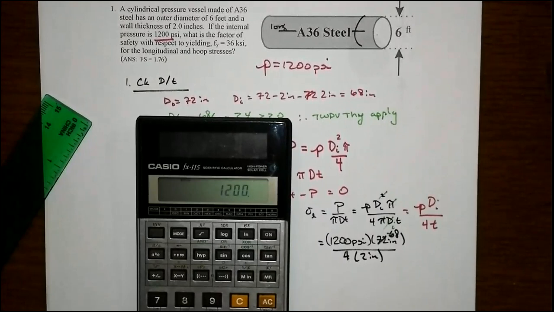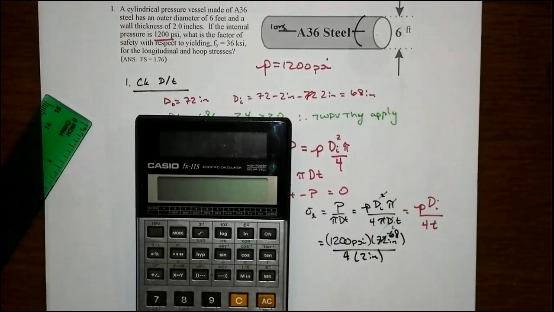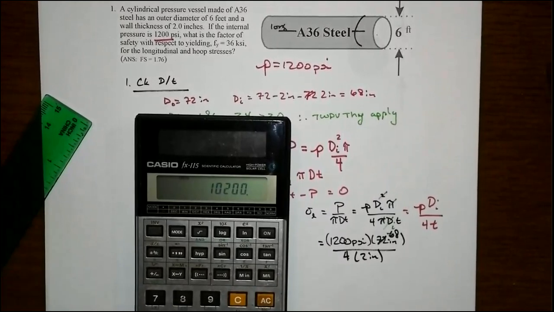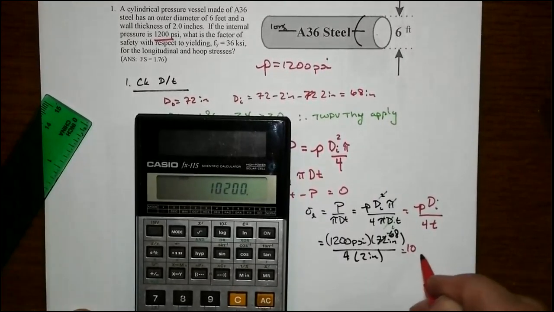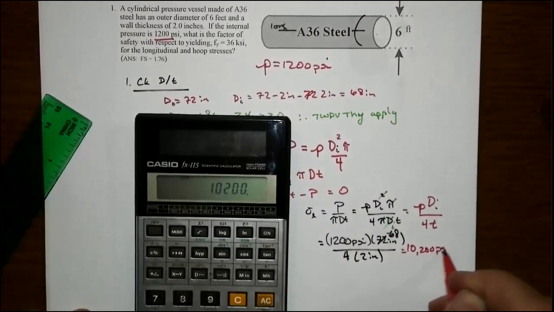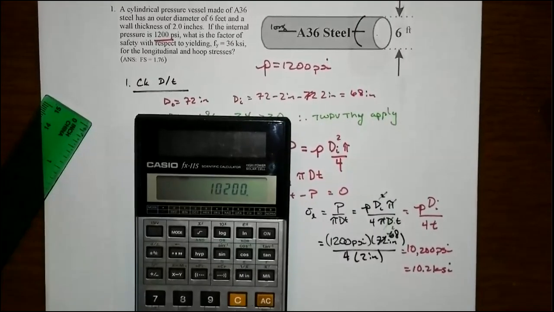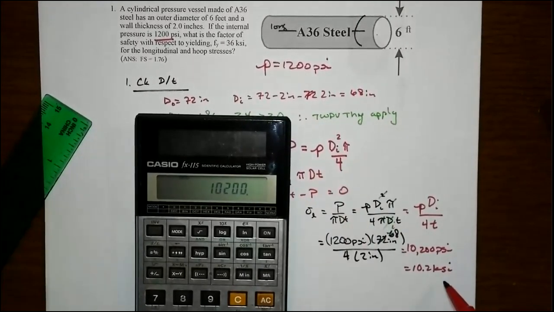So 1200 times 68 divided by 4 divided by 2, and we get 10,200 psi, or 10.2 ksi.